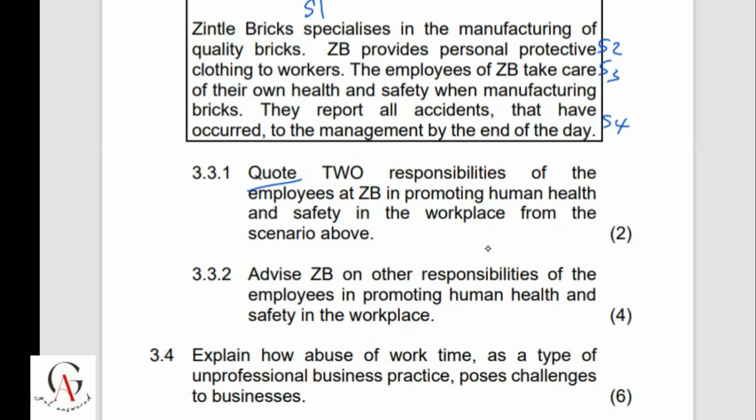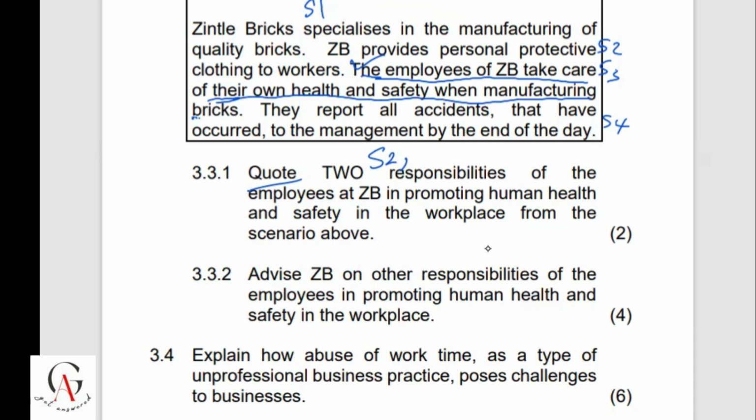Okay, right. So now here we are actually going to check that the employees of SB take care of their own health and safety when manufacturing bricks. So now this is one of the quotes. It means that here we are going to quote sentence 2. Write it exactly the way it appears.